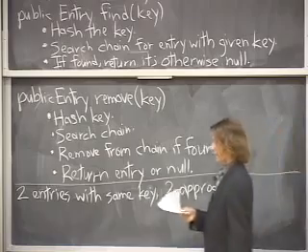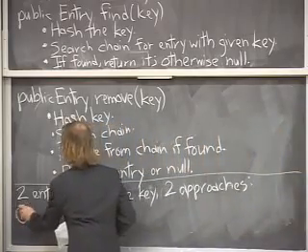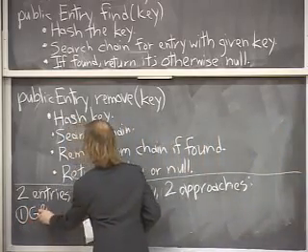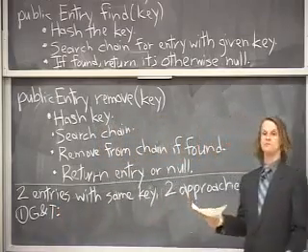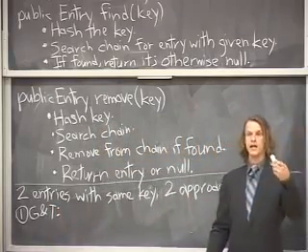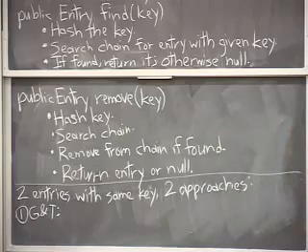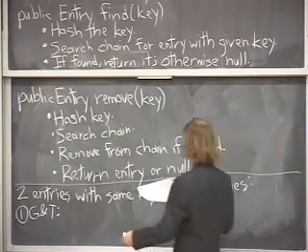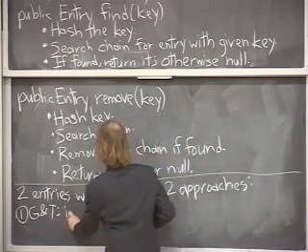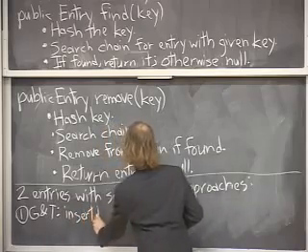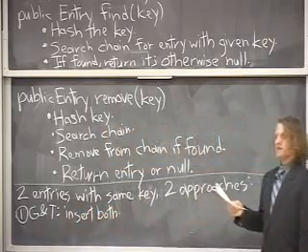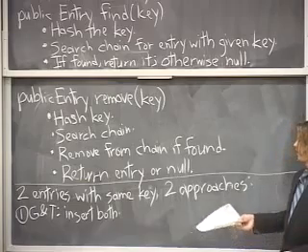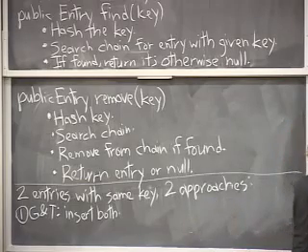And the first one is the one that Goodrich and Tamassia have implemented in their book, which is insert both. So now your chain has two different entries in it that have the same key, or 5 different entries, or 100 different entries. And then if you do a find operation on that key, you just return one of them arbitrarily.